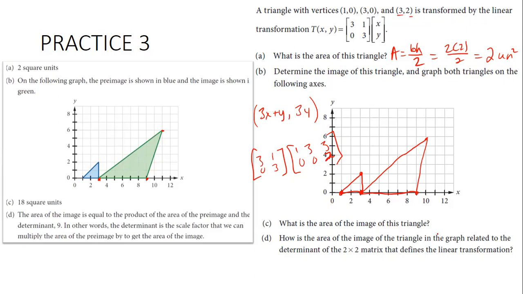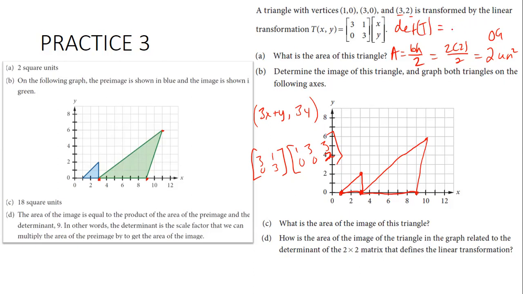It says, what is the area of the image of this triangle? So to find the area, it's the same thing that we've been doing. It's your original, our OG, our pre-image, times the determinant of the transformation. So the determinant of this transformation equals what?